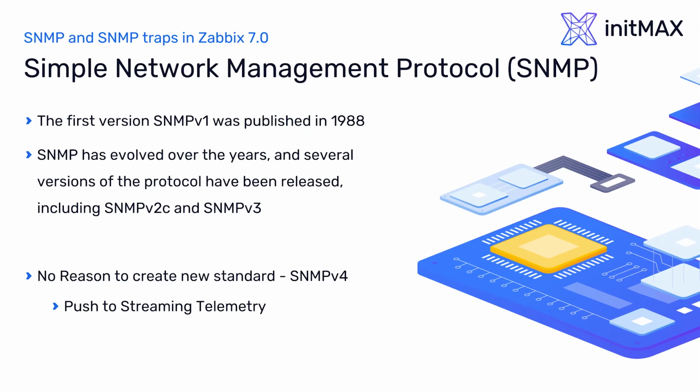So naturally, people might think: okay, SNMP v1 is old, that we know for sure. SNMP v2 is the most popular version of SNMP to monitor. SNMP v3 is secure. When is SNMP v4 going to come, and will it bring something new?